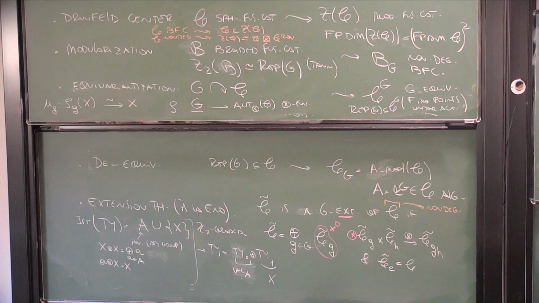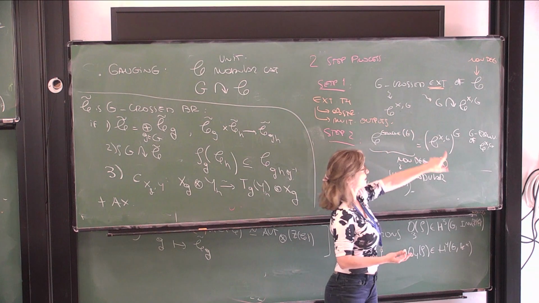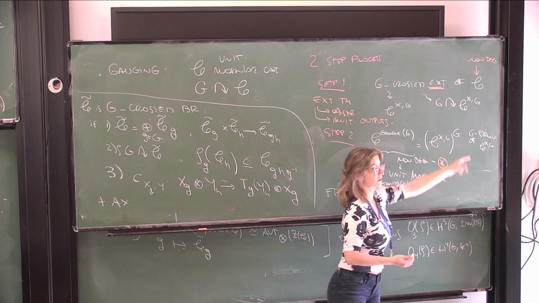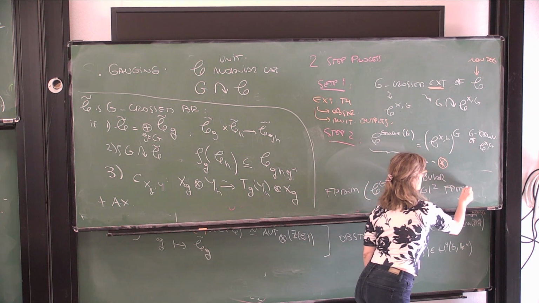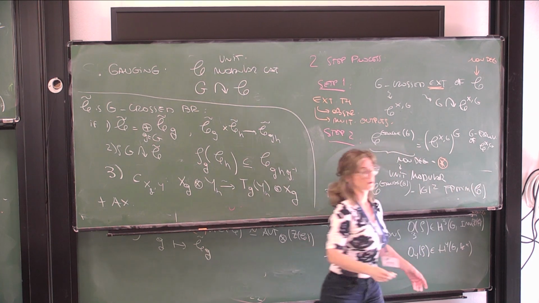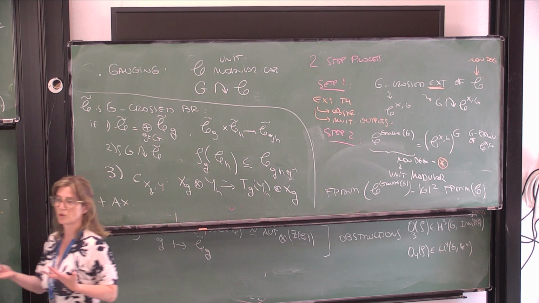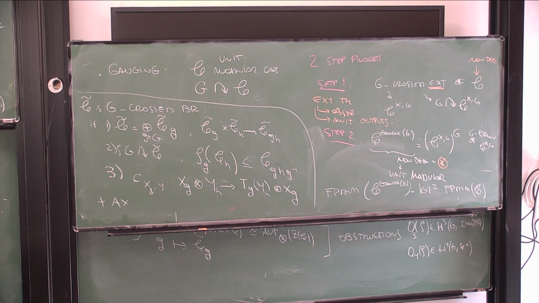So in these steps, I got the dimension of C times the order of G, and now I got that dimension times the order of G, so you get the order of G squared times the dimension of C. So you see that it will change. It will not be the same theory, but it will be some other theory that maybe you can relate to the other. And as I said, in the sequential gauging case, we could. But you need to be a little careful, yes.